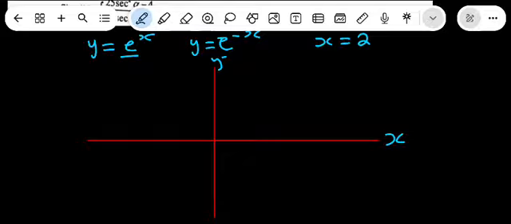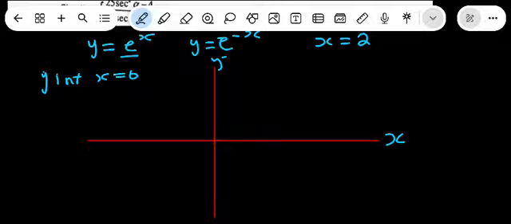Let's say you don't know where it's going to cut the y-axis. You'll just use the standard approach: at the y-axis, or the y-intercept, you know that x equals 0.